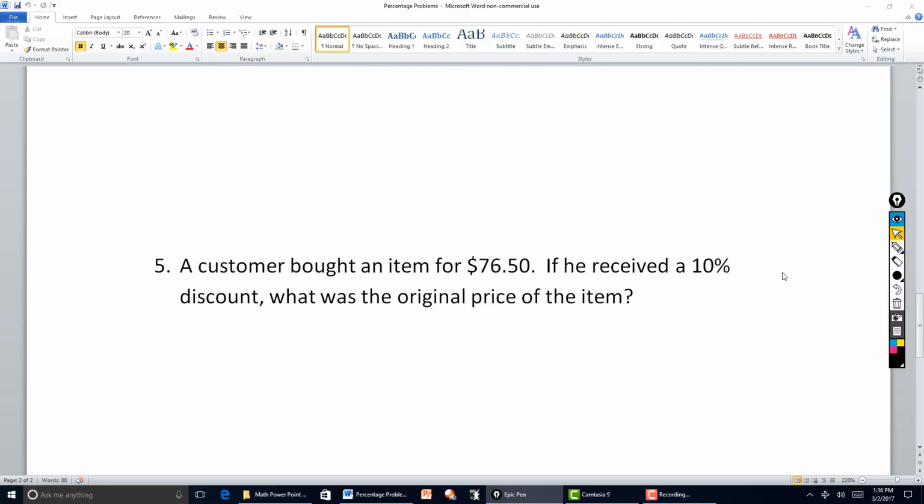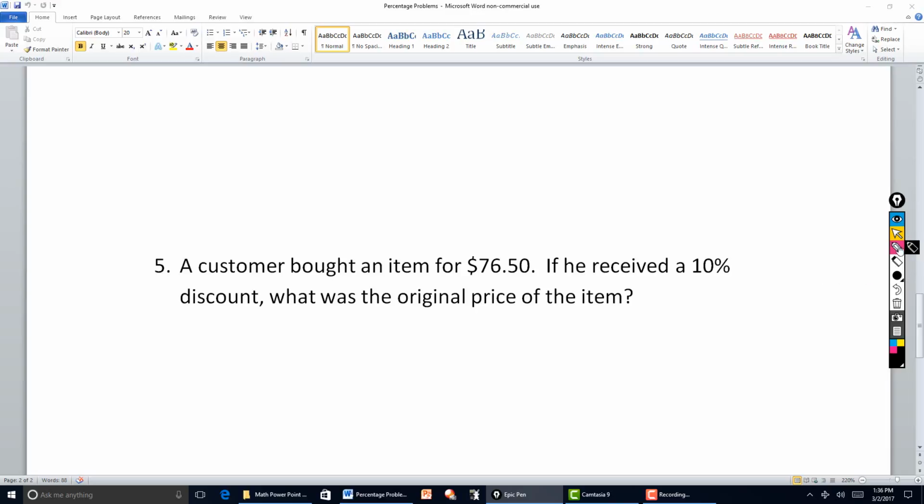A customer bought an item for $76.50. If he received a 10% discount, what was the original price of the item? Okay, so this is kind of like the one I just did. In this case, you know what you paid, and you want to know the original price.